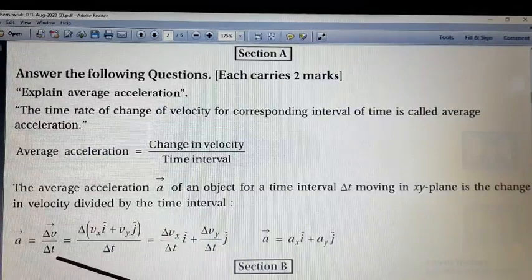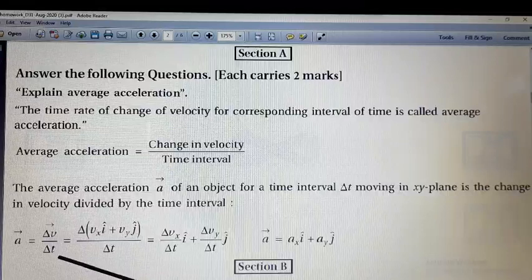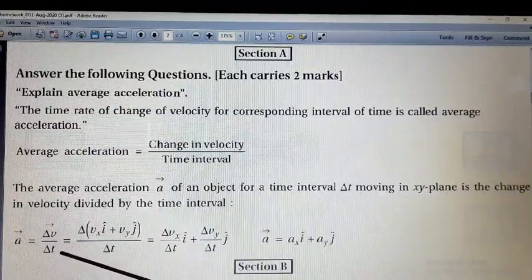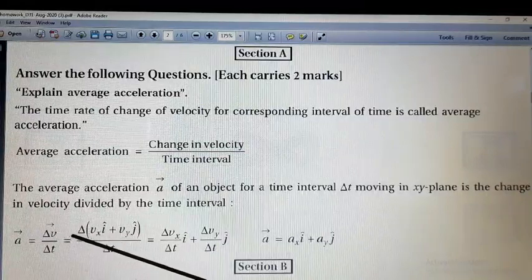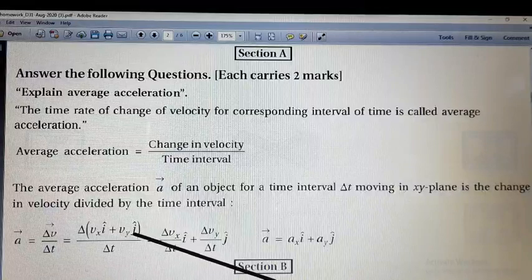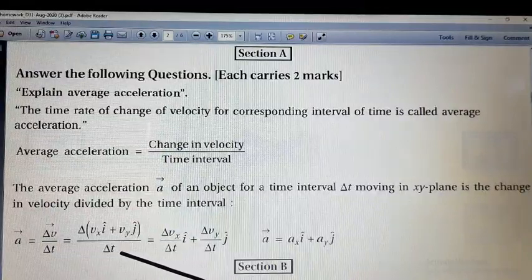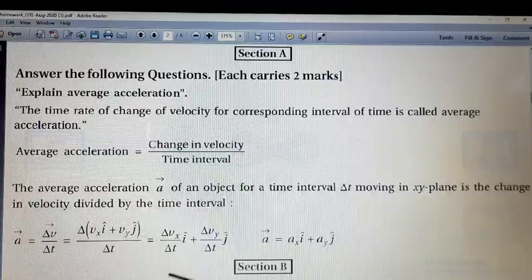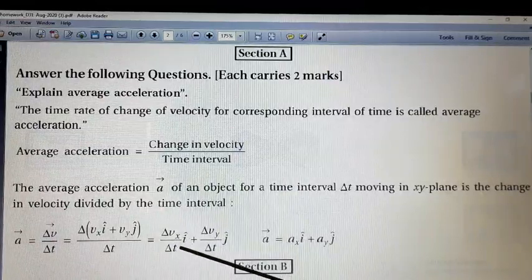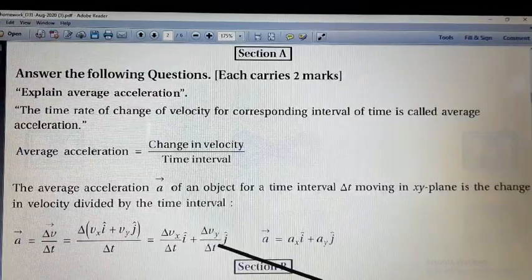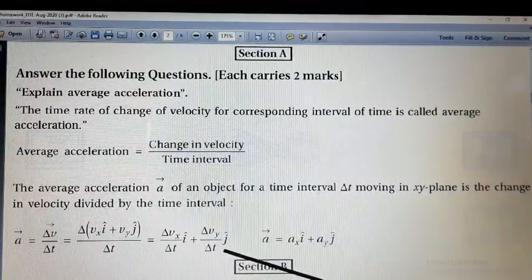But now we take two components of the velocity, x component and y component. So we can write (Vx i caret plus Vy j caret) upon delta t. Now we separate them: delta Vx upon delta t i caret plus delta Vy upon delta t j caret.